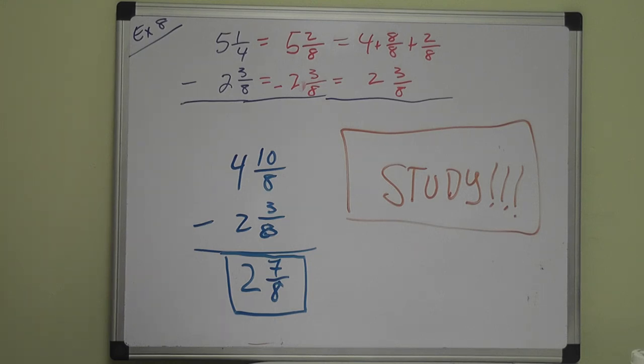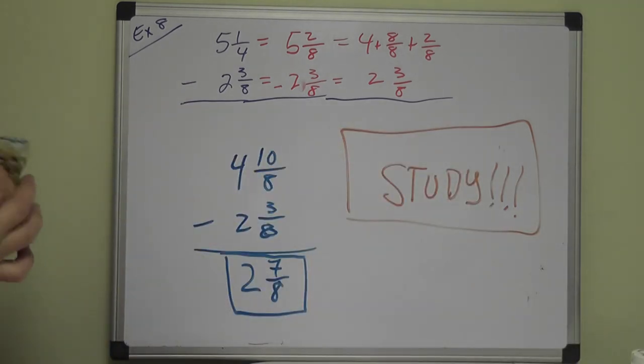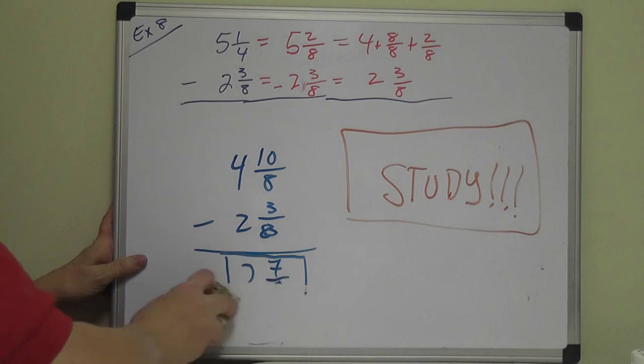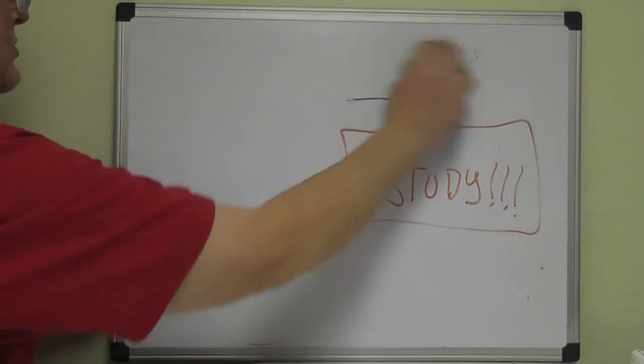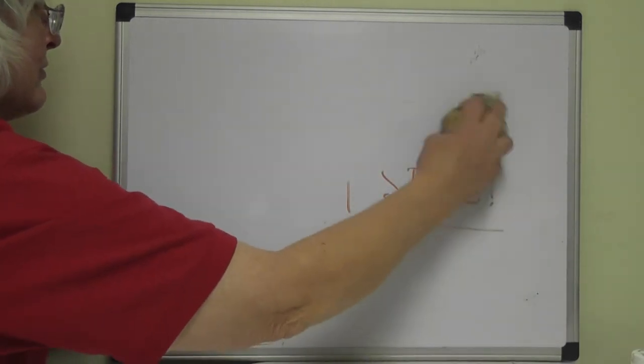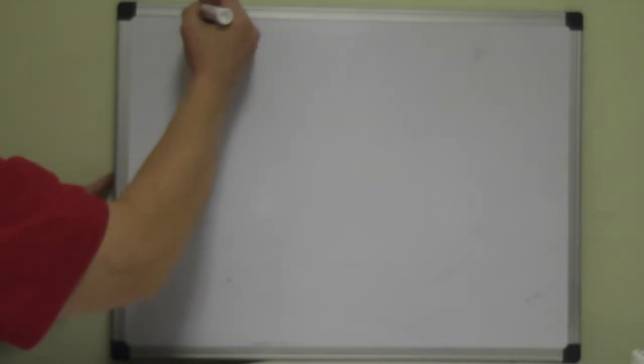All right? The last thing that I'm just going to point out for you is a brief review of subtracting decimal numbers. Subtracting decimal numbers is no different in actual practice from subtracting whole numbers. The kicker here is that you have to make certain to align your decimal points.